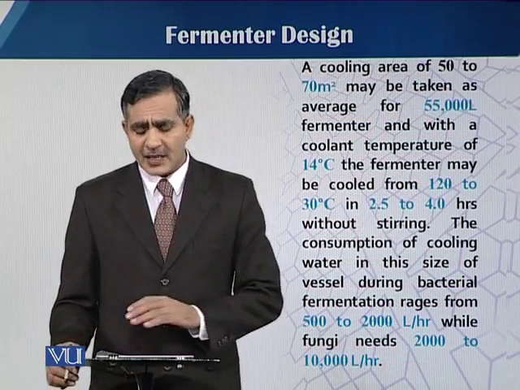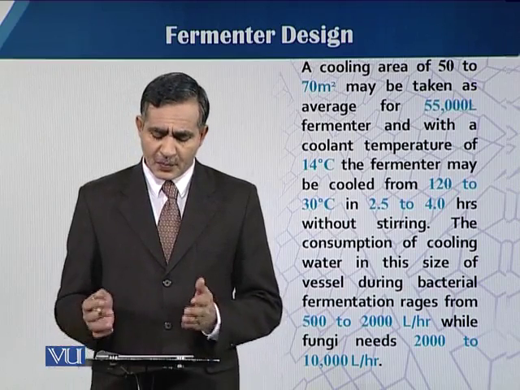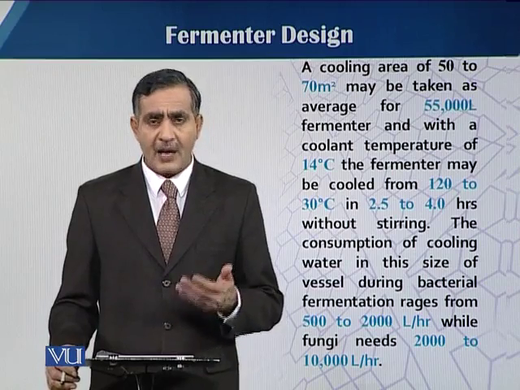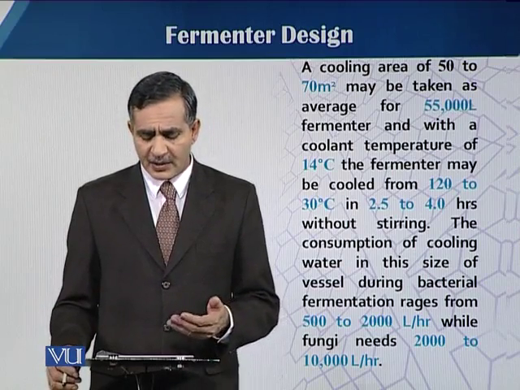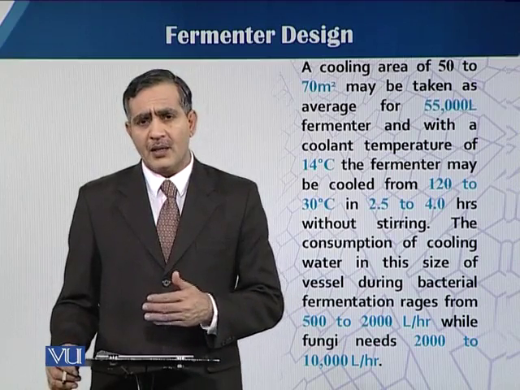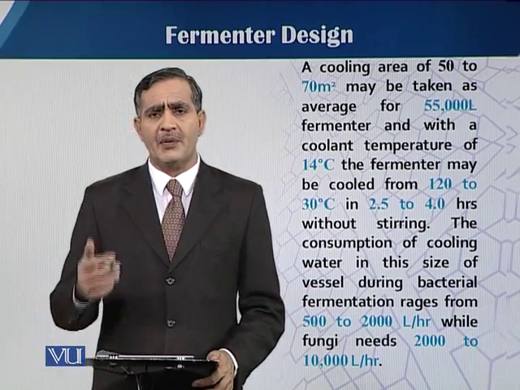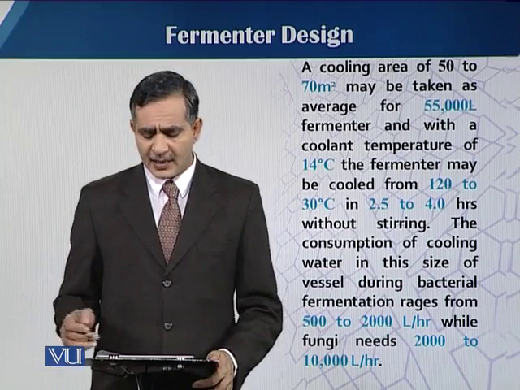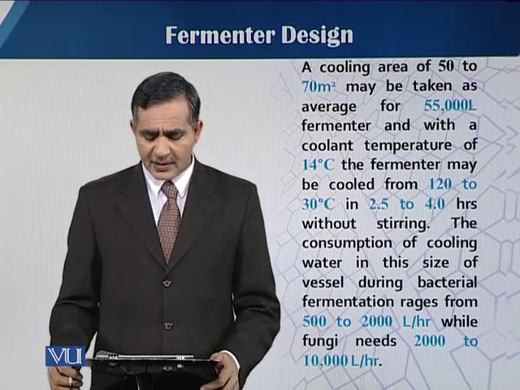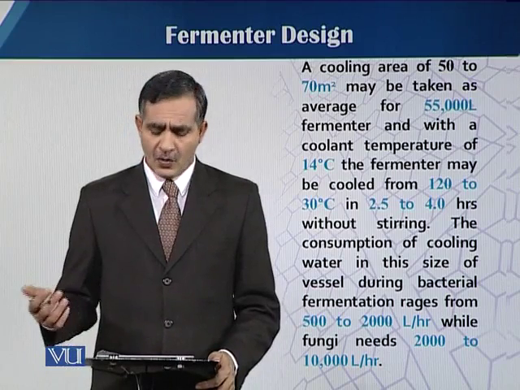As an example, suppose there is a cooling area of 50 to 70 square meters with a fermenter of 55,000 liters. If we want to supply cooling water at 40 degrees C, and reduce the temperature from 120 to 30 degrees Celsius, then the cooling water required is 500 to 200 liters, and the time required is 2.5 to 4 hours.